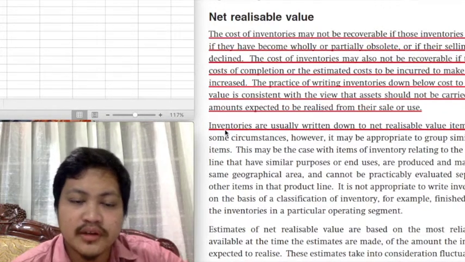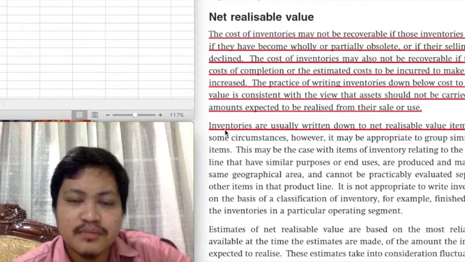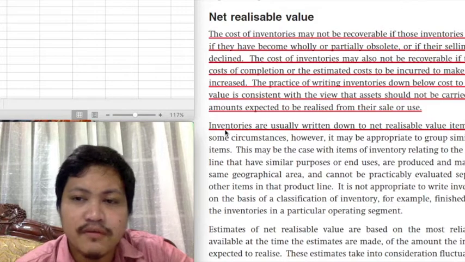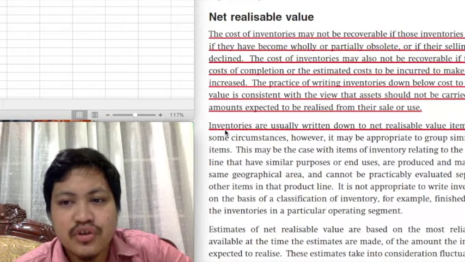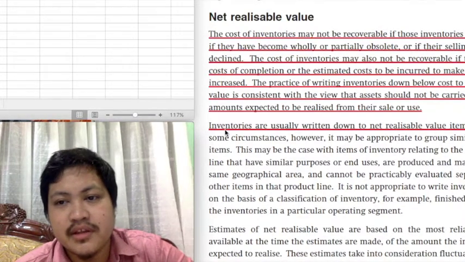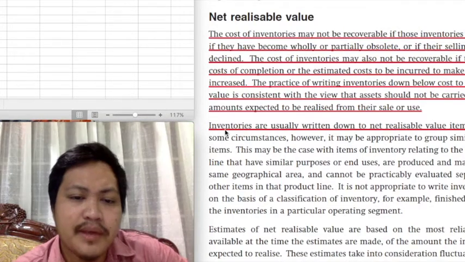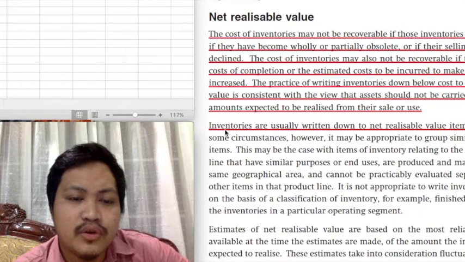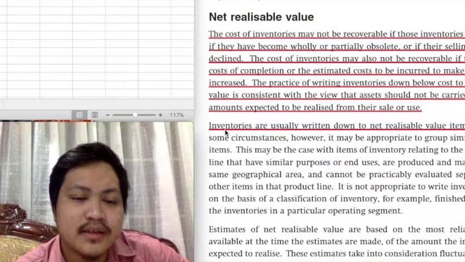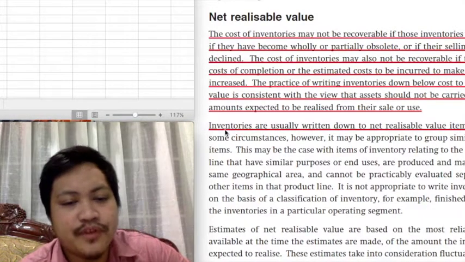Now, for goods that are still in process, it is also possible that the cost may not be completely recoverable if the estimated cost of completion or even the estimated cost to sell will increase. There may come a point, class, in which your goods in process may no longer be a profitable prospect.